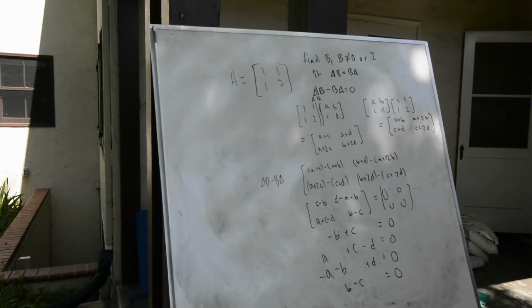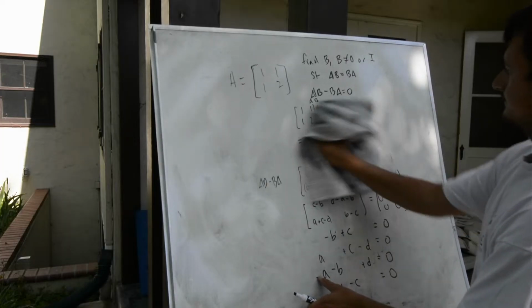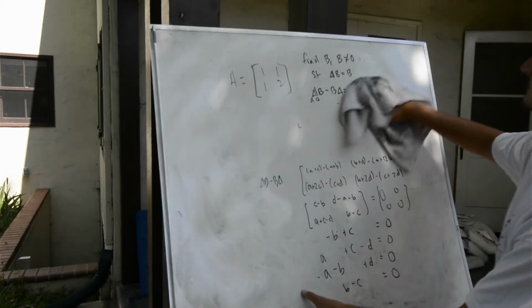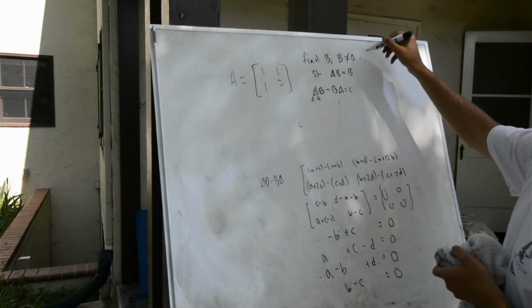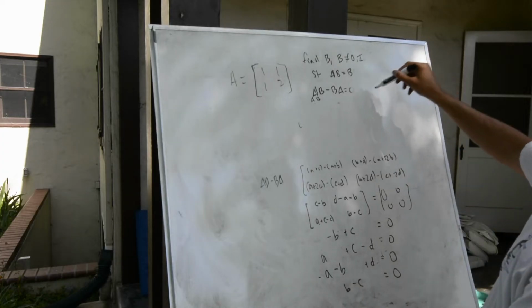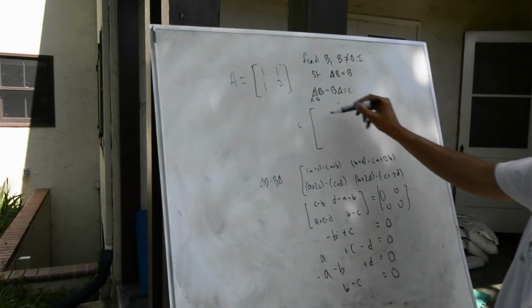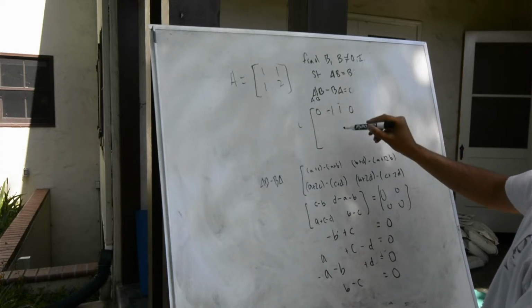So if we are to turn that into a matrix and solve it, then we should get, all right, let's leave that up. So we're going to get a matrix that's 0, minus 1, 1, 0.